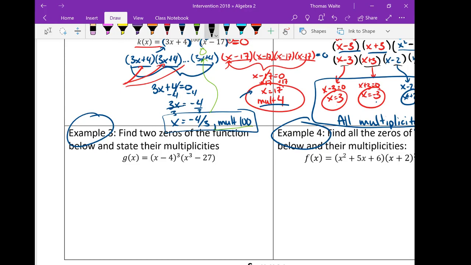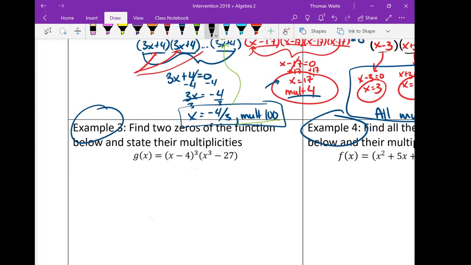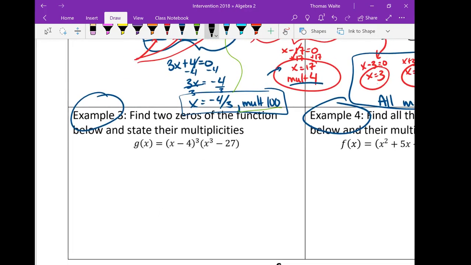All right, so hopefully you've tried these out. Here in example 3, I want to split this up into linear terms as much as possible. I'm going to write it out fully. This is x minus 4 to the third, which means it's x minus 4 times itself 3 times. And then this one looks like, oh, I have a cube term and it's being subtracted by another perfect cube.